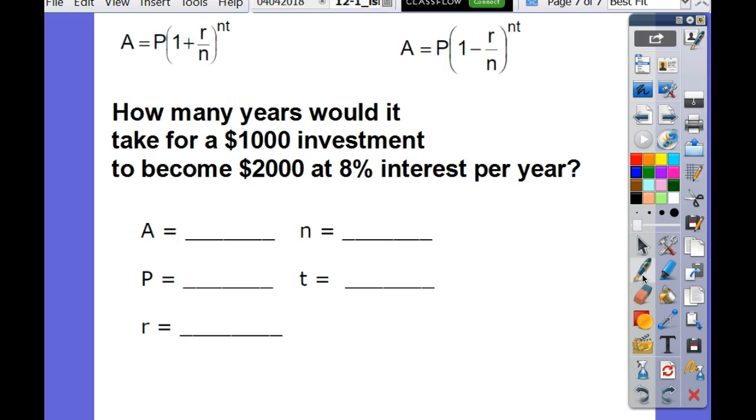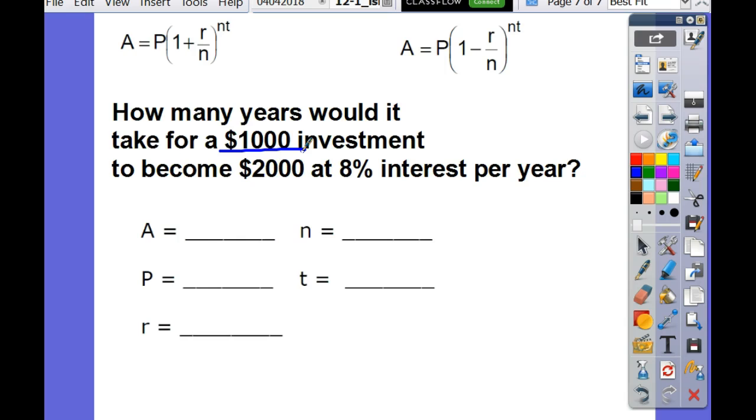It is generally thought, I don't know that I believe it, but it's generally thought that the stock market over time should average about 8% per year. So how long is it going to take me to double my money?